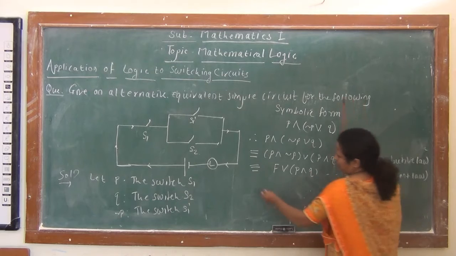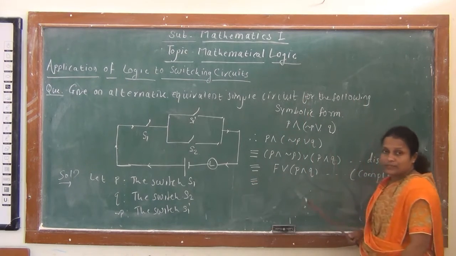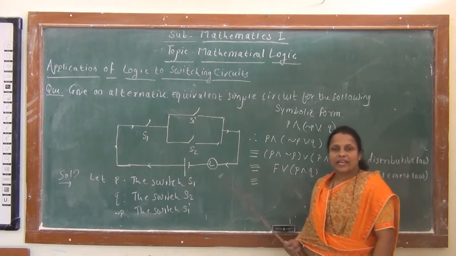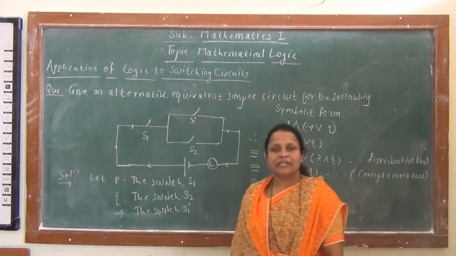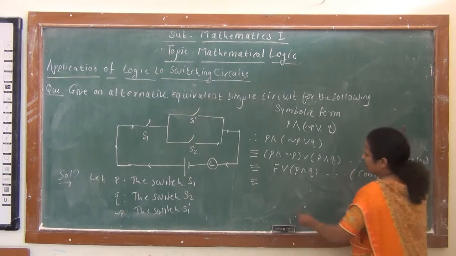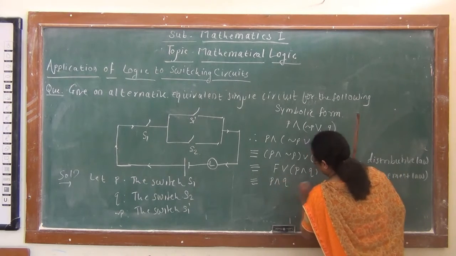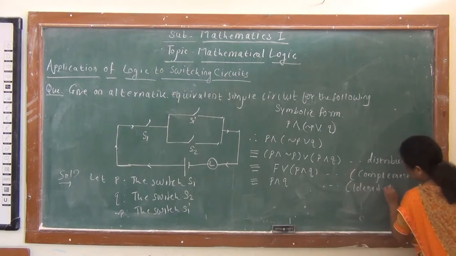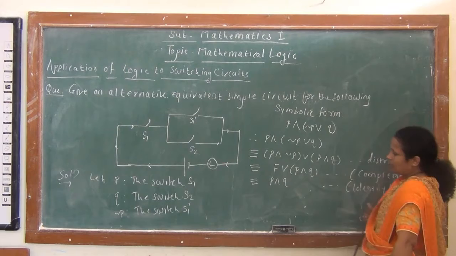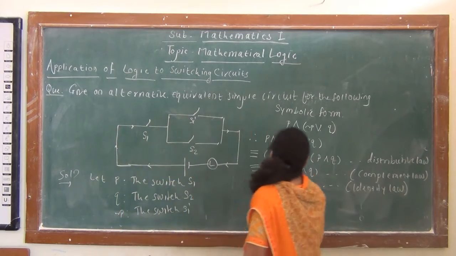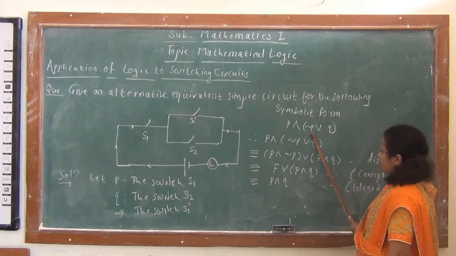And now for this F or bracket we use the identity law, that is, F or P equals P. So instead of this P we use this bracket P and Q. So this gives P and Q, that is the identity law. And here we get the equivalent form or equivalent statement for this given statement pattern.